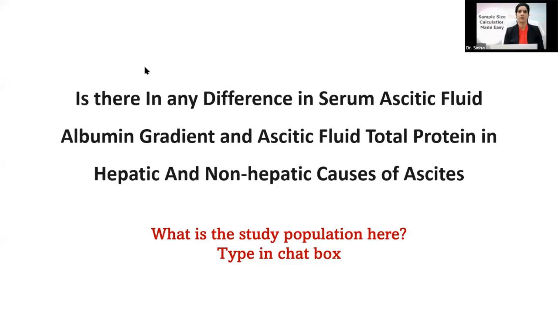Yes, you're right. They are patients, but more specifically the patients of ascites. Later we can classify them as hepatic and non-hepatic causes, but the population is patients with ascites. Very right.